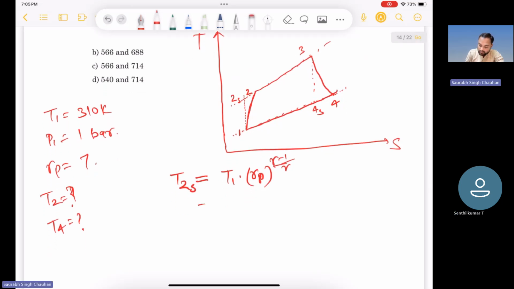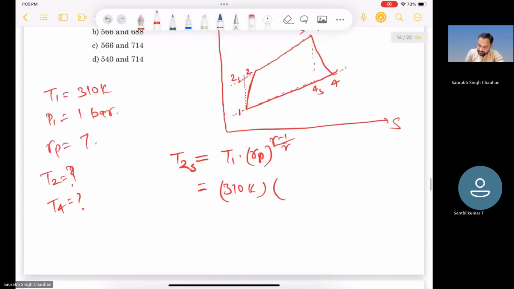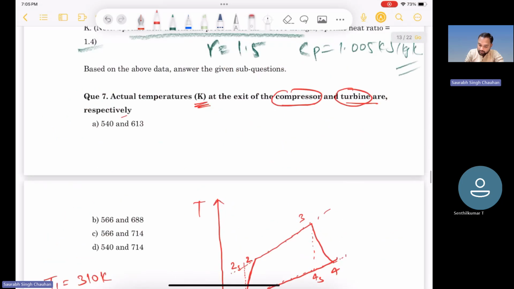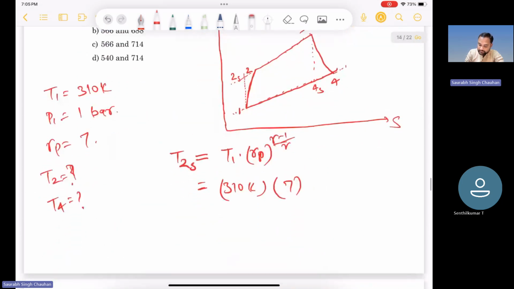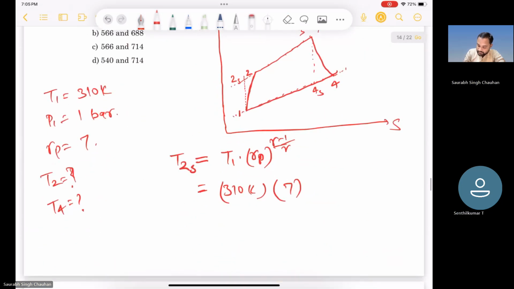So then you could have got T2S is equal to T1. How much is T1? 310 Kelvin, multiplied by Rp. How much is Rp? 7. 7 to the power gamma minus 1 by gamma. How much is the gamma? Sorry, 1.4. Then it would be 1.4 minus 1 by 1.4.